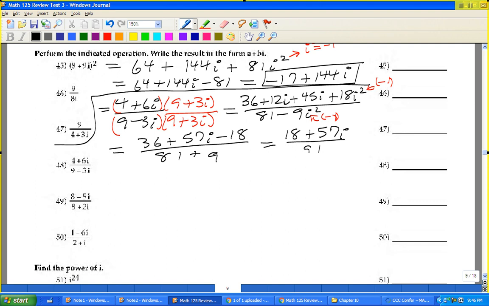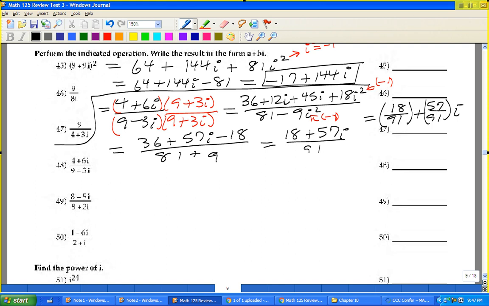And that is your answer. Let me write it as 18 over 91 plus 57 over 91 i.